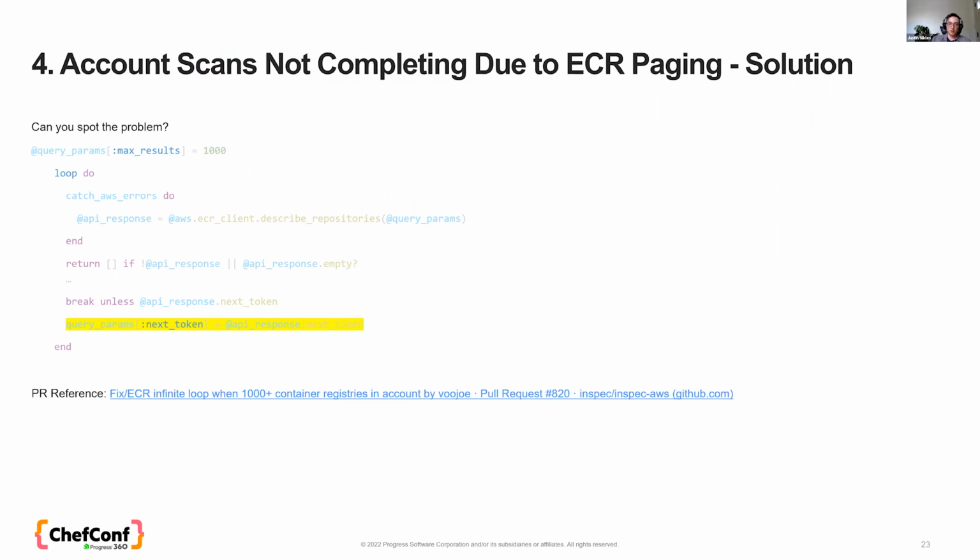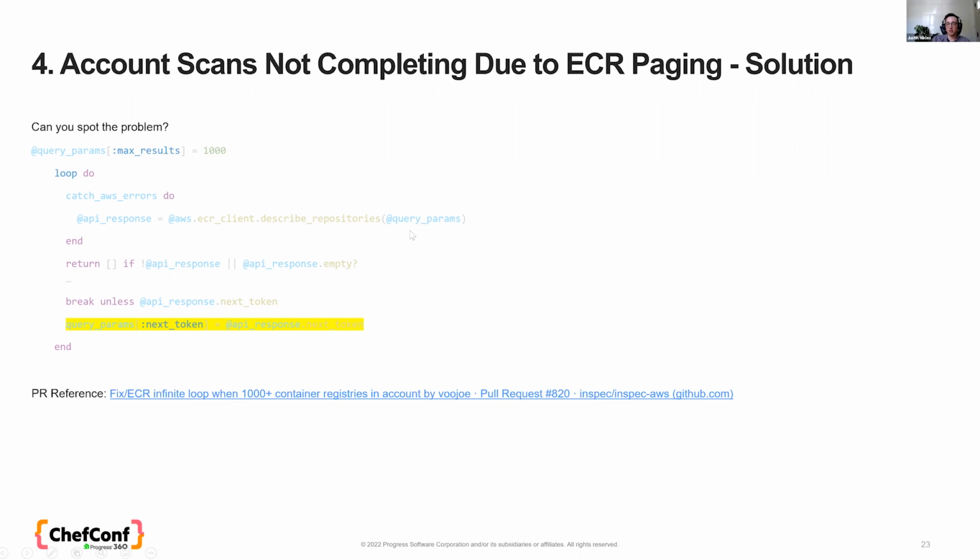But the variable that's being updated is not an instance variable. This is not referencing the same variable. So it would go back in the loop, then again send this query params, but that query params was never updated. It just gets the original 1,000 results rather than getting the next 1,000 results.